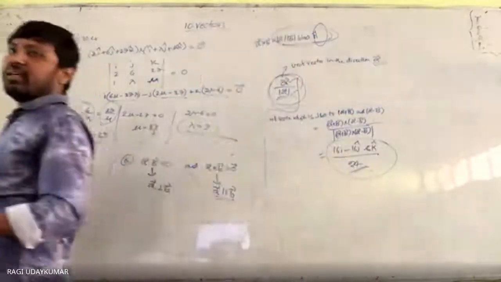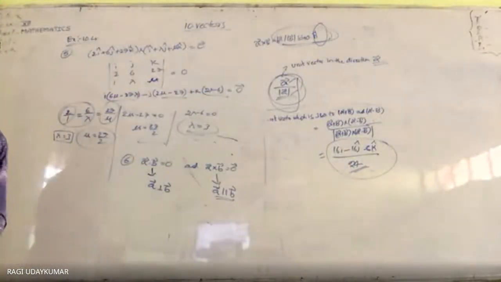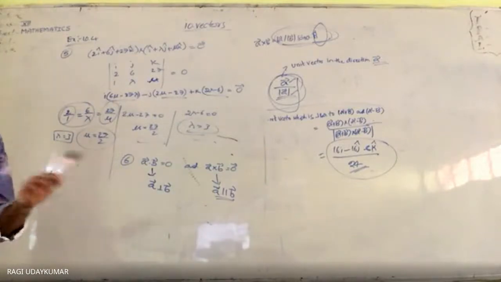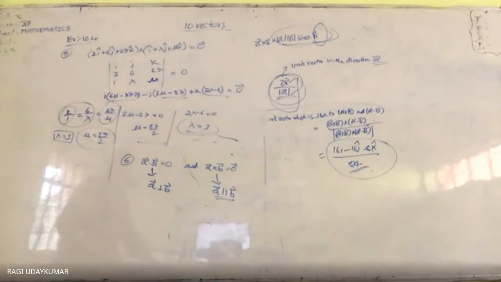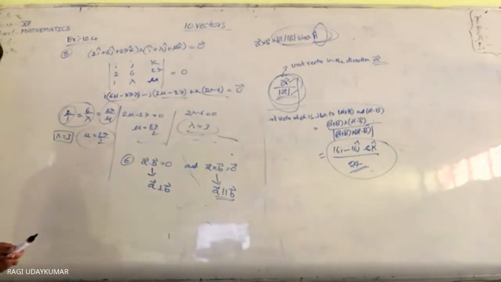Next, the seventh one is just longer; you have to prove the distributive property. Take the LHS separately, the RHS separately, and prove it. It is not very difficult. Let us move to the 8th problem.